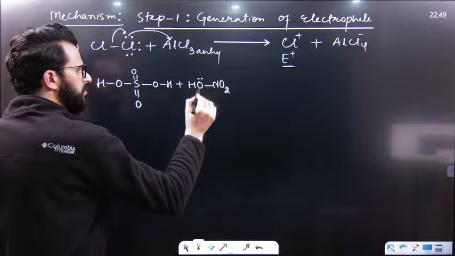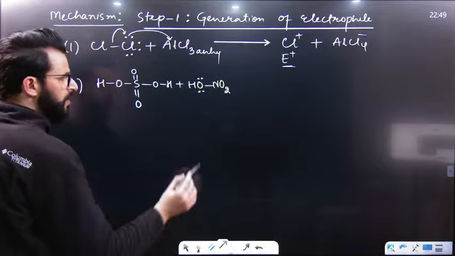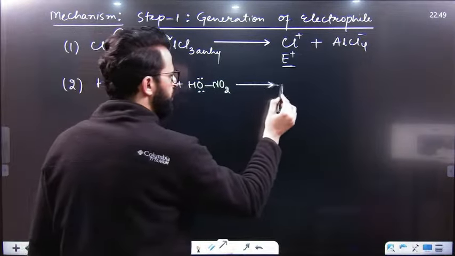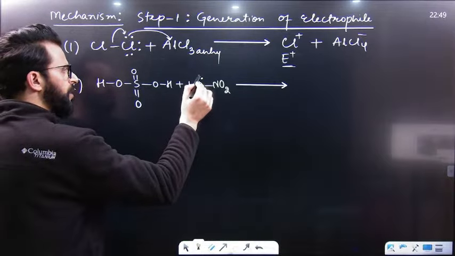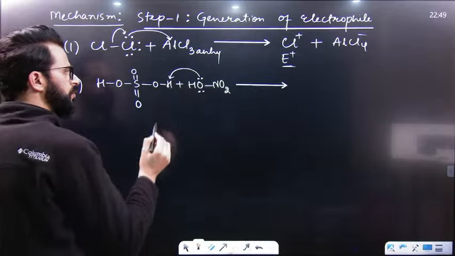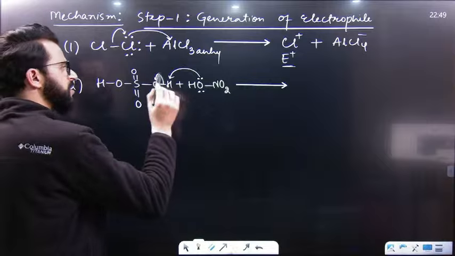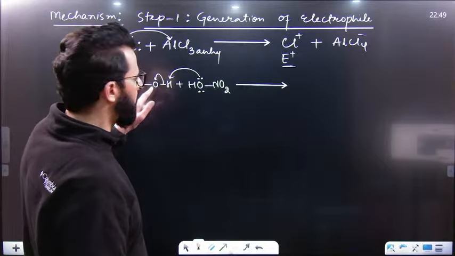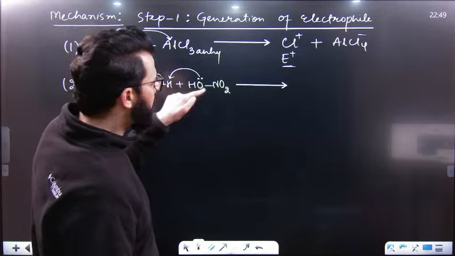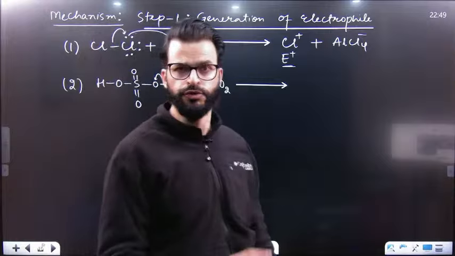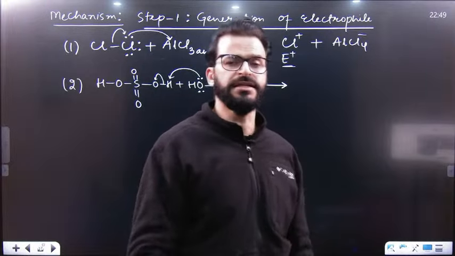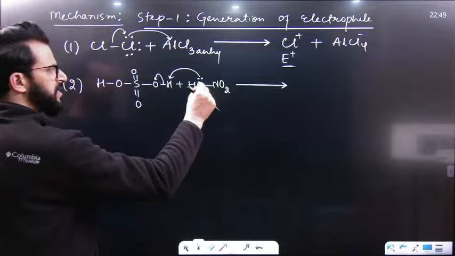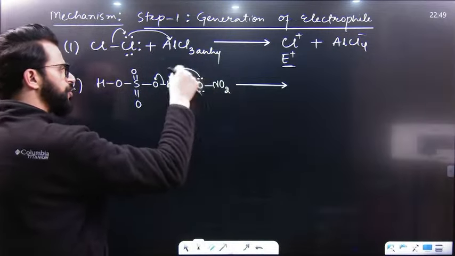During this, what will happen? This nitrating mixture reacts in such a way that this OH will abstract H positive and the sulfuric acid will donate H positive. That means sulfuric acid will act as an acid and HNO3 will act as a base, because it abstracts H positive and donates its electron.